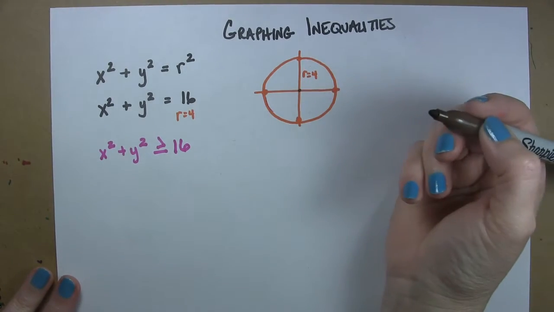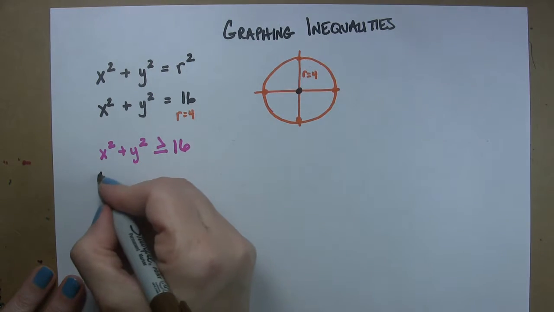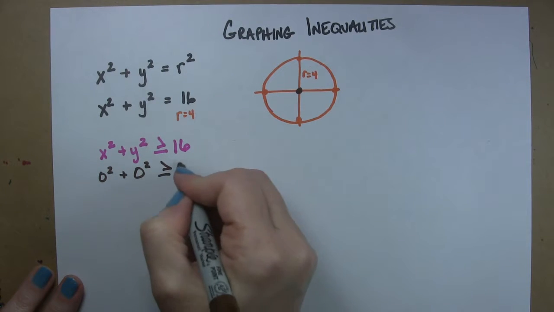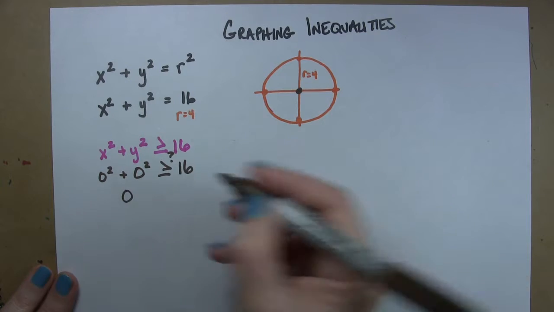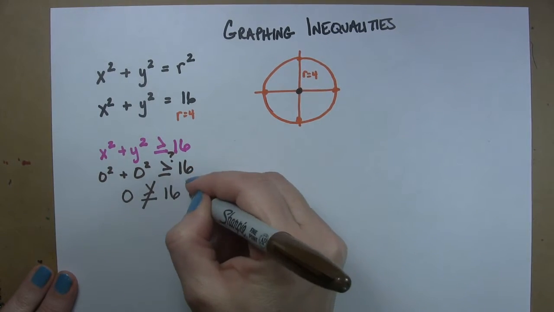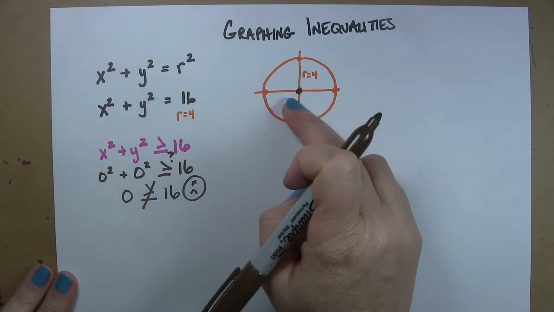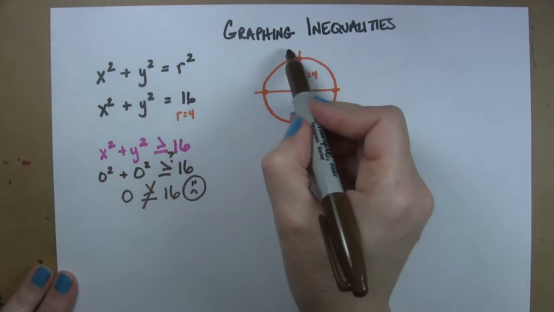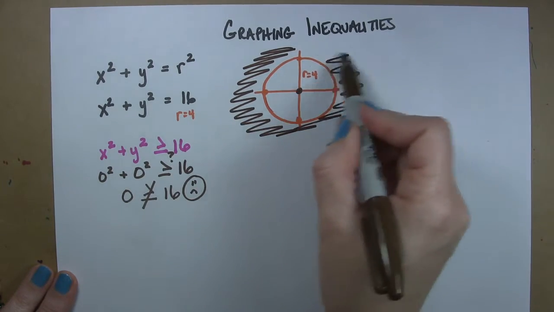Why am I picking that? Because it's so easy to calculate. 0 squared plus 0 squared, is that greater than or equal to 16? Well, that would mean that 0 has to be greater than or equal to 16, which is not true. So the point inside the circle is not part of this solution. Therefore, all the points outside of the circle have to count.